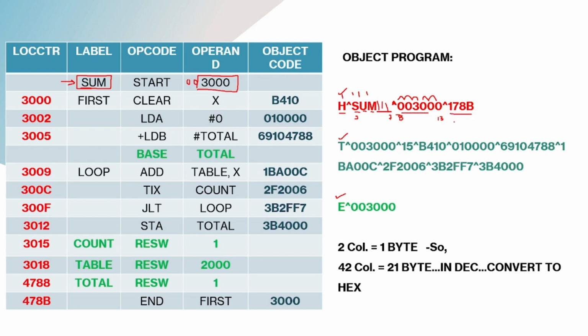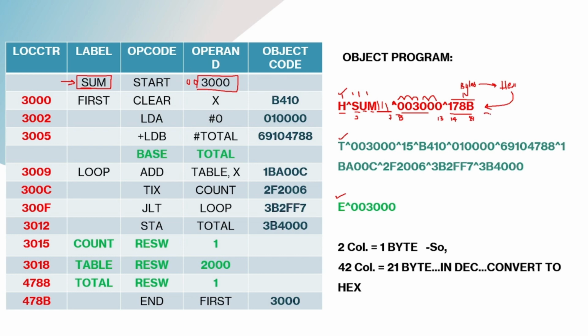And what is this, right? Columns 14 to 19 are nothing but the length of the object program, in bytes, and then we'll convert it into hex, and that representation is what this is. So how do we do this?